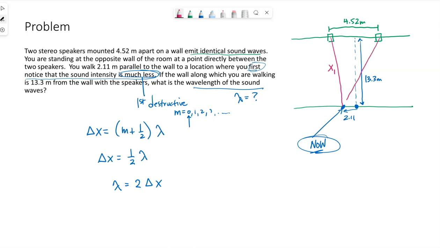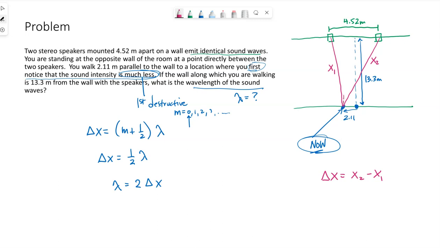The right speaker, x2, is the distance the sound has to travel to get to us. Delta x is the difference between these, and just the absolute value. I'm going to write it as x2 minus x1 because I can see that x2 is larger, and so when I find x2 minus x1, it will be a positive number. Okay, that's what we have to figure out.